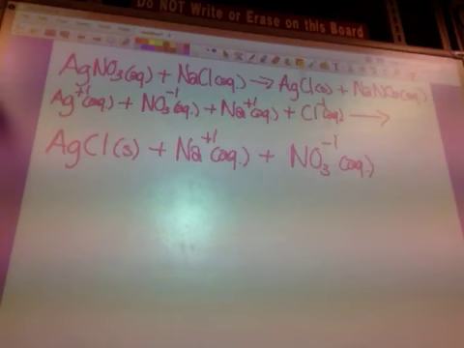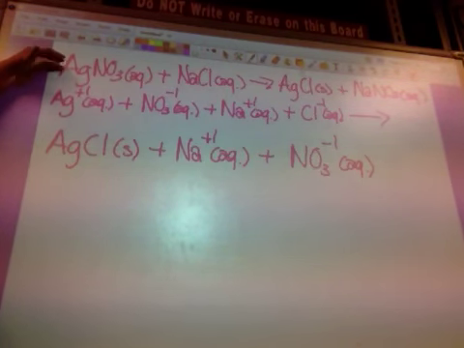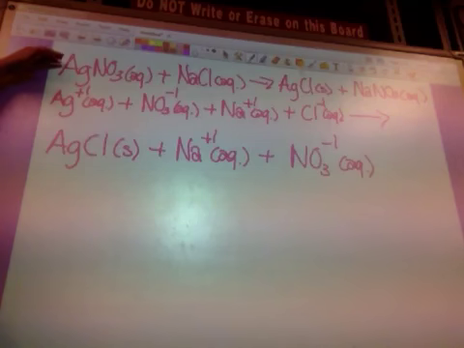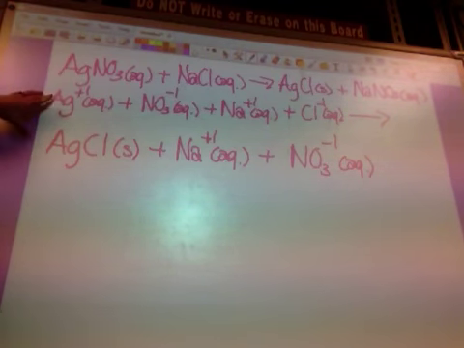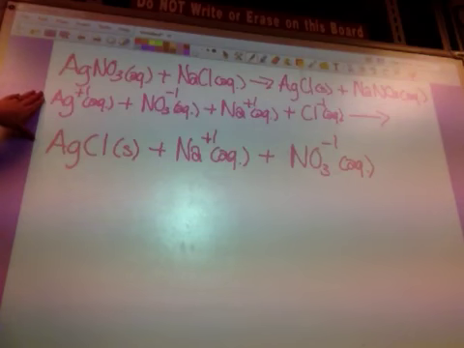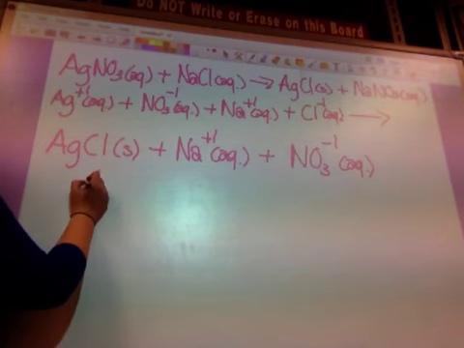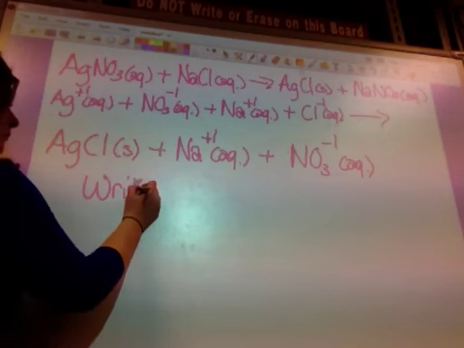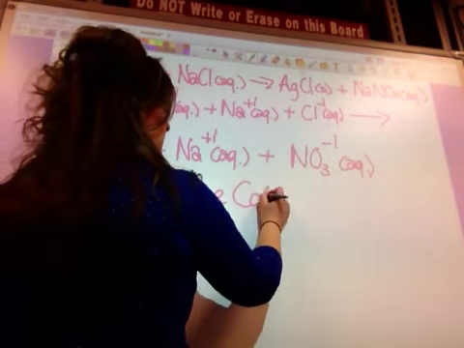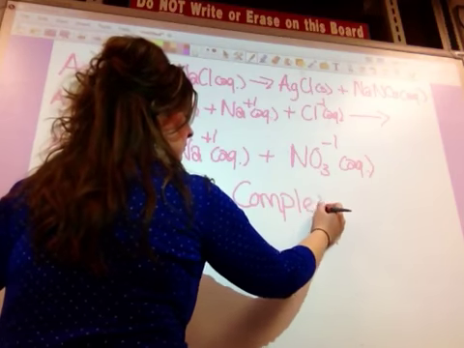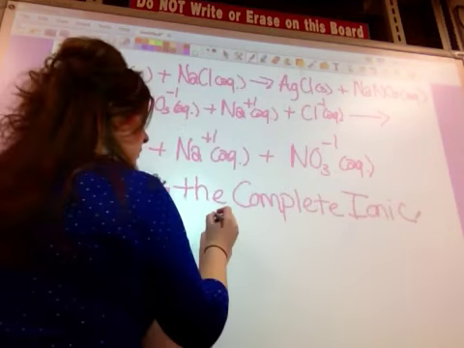Okay, so we had our compound up here, which was just our regular chemical reaction. What you did in these steps was dissociate aqueous solutions into their ions. And this step is called writing the complete ionic equation.